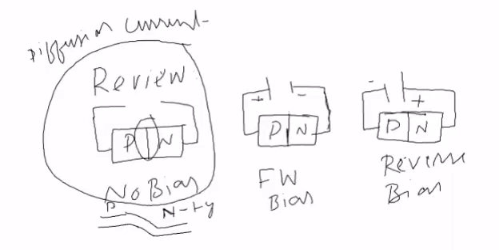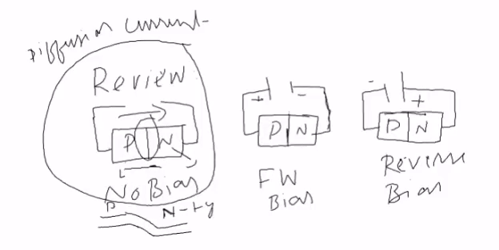If there are a large number of electrons in n type, they will diffuse into this region, and holes flowing towards the n type are also diffusion of holes. But there are also minority carriers: holes are minority carriers in n type, and electrons are minority carriers in p type.